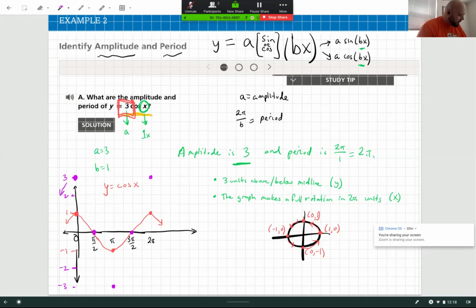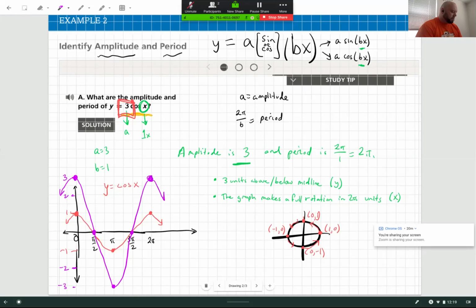So 3 cosine x is going to look like that. Oops, let's just make my dot bigger. Boom, and then I hit it. So a cosine function, this is what it looks like. It's always going to start at the amplitude value. If your amplitude is 3, it's going to start up here at 3.